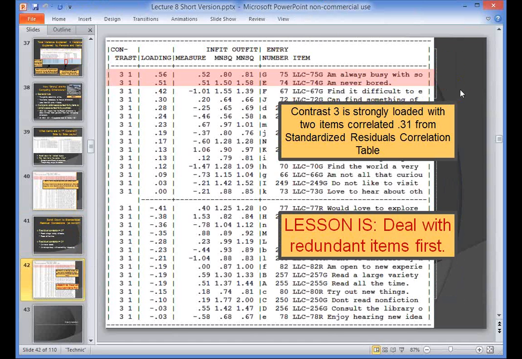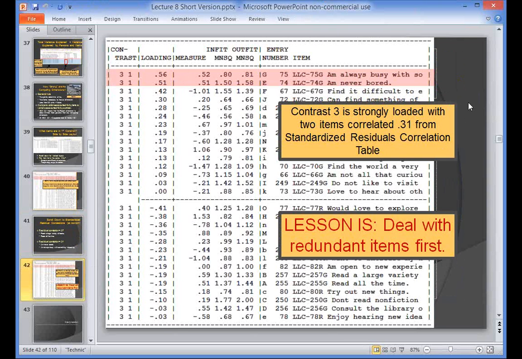So if you scroll down to contrast 3, or actually you'll have to scroll up to contrast 3 since you're on the dependent items, and that's at the bottom. So scroll up to contrast 3, and you're going to find that these 2 items basically define contrast 3. I'm always busy with something and am never bored.